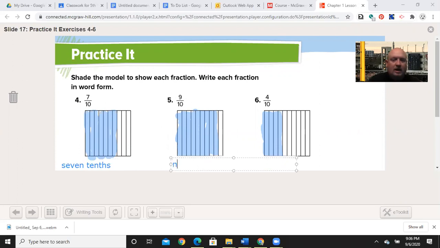Over here, there's 9. Again, it's just a 10 added with THS, so it's tenths. And last one, it's a 4 on the top, and then it's a 10 with a THS, 4 tenths. Believe it or not, you have completed this page. Let's go on to the next.